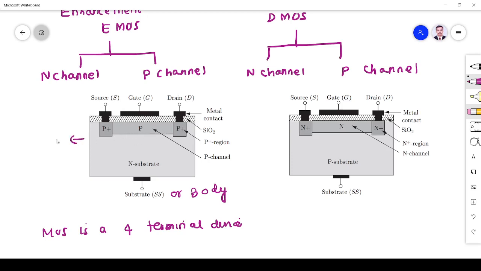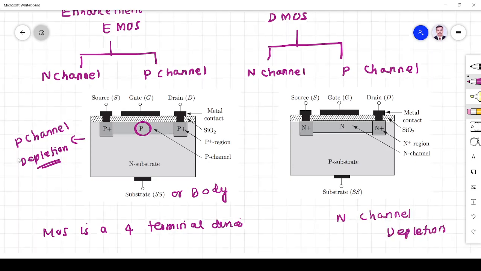So it is simply P channel depletion MOSFET. Channel is P, that is given here, and initially channel is available, so it is a depletion MOSFET. Here you see channel is N, and it is available initially, so N channel depletion MOS.